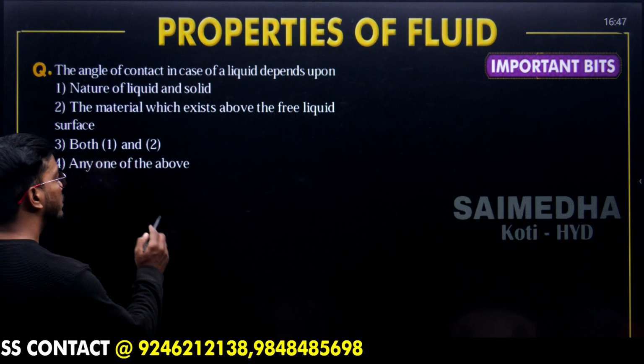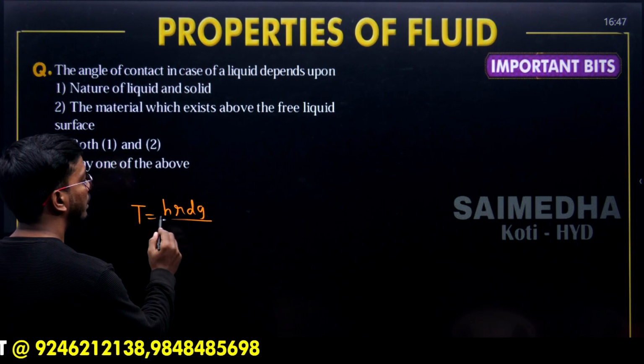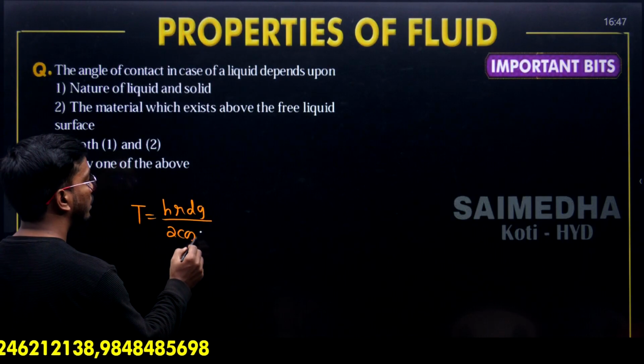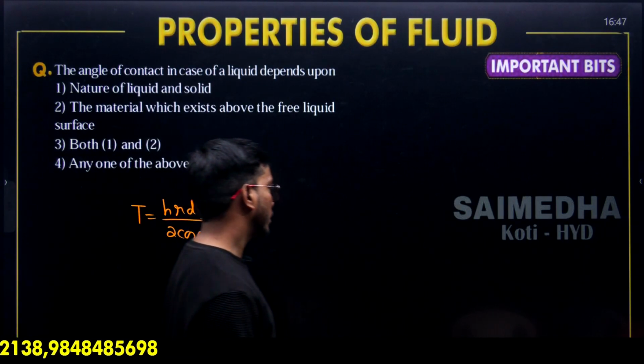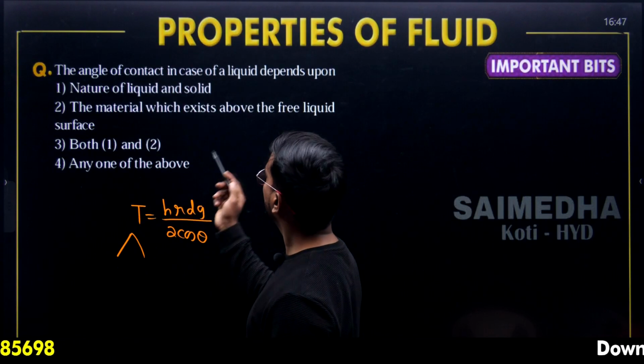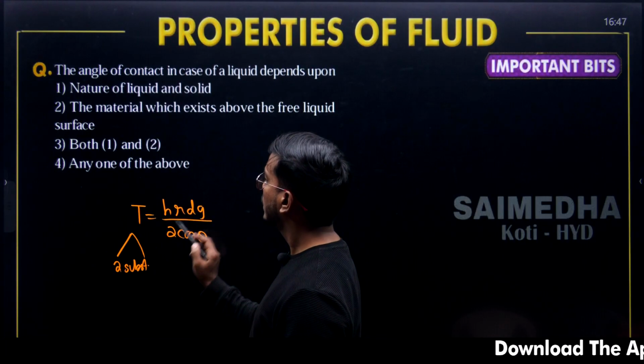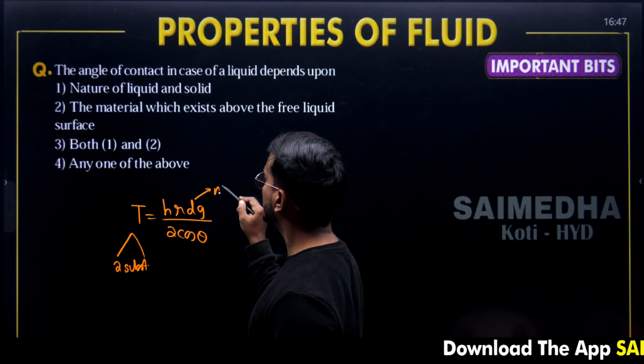We know the formula for surface tension, T is equal to h r d g divided by 2 cos theta. So surface tension depends upon two substances. And this density depends upon what? Material property.